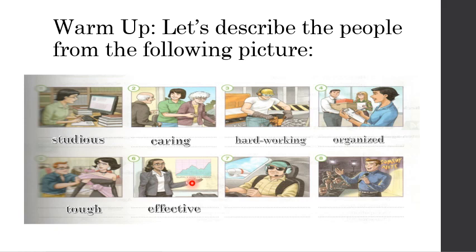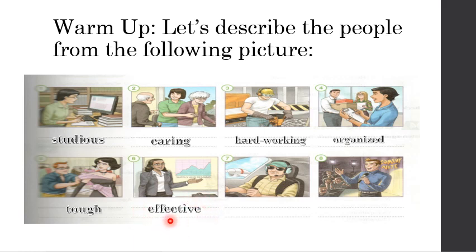Okay, she is effective. Maybe to her work, the way she does her work, she accomplishes her work very well. Okay, that's why you can say that she is effective. There are lots of descriptions on how you describe the person.